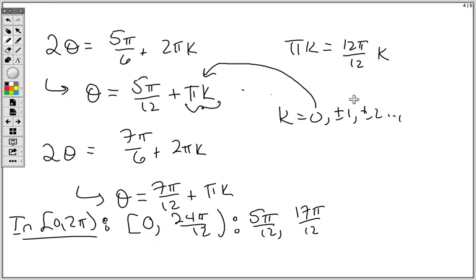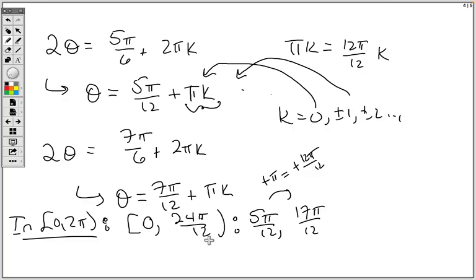And if I let k equal 2, I'd be adding another 12 pi over 12. So that's how I'm getting the rest of these here: by adding pi, I'm adding 12 pi over 12. If I added another 12 pi over 12, I'd get to 29 pi over 12, so I've overshot the 24 pi over 12.